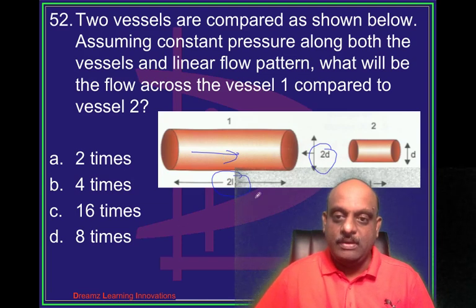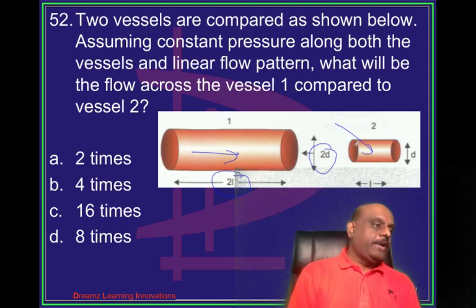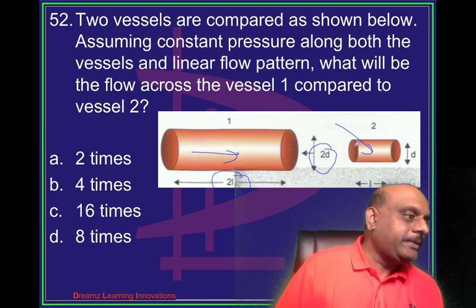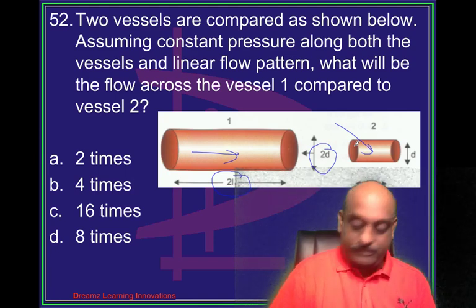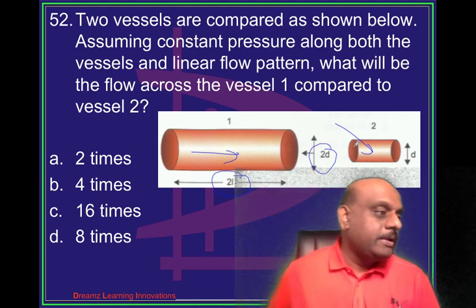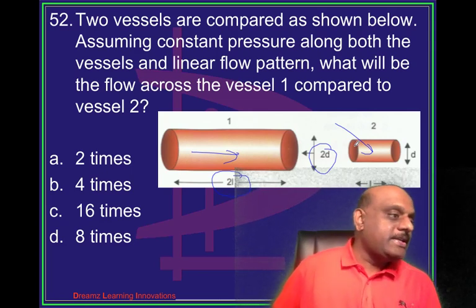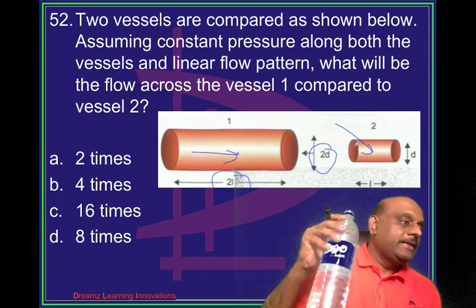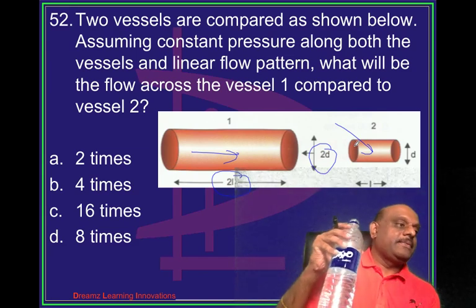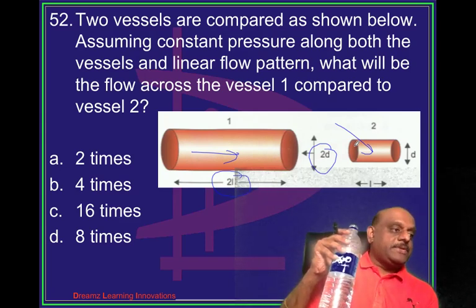Question number 52. Fatafat answer karo. Mala Krishna is proposing 16 times. Arshad Musa says 8 times. Ranjit Singh, Ravi Kamble are also saying 8 times.